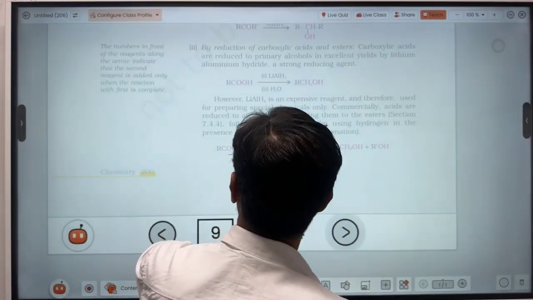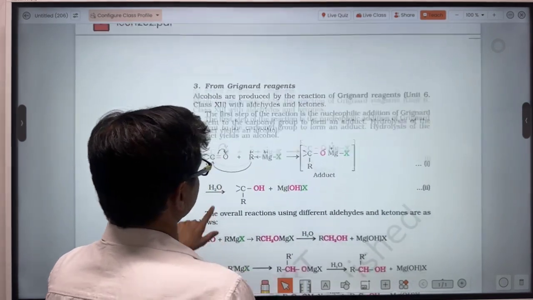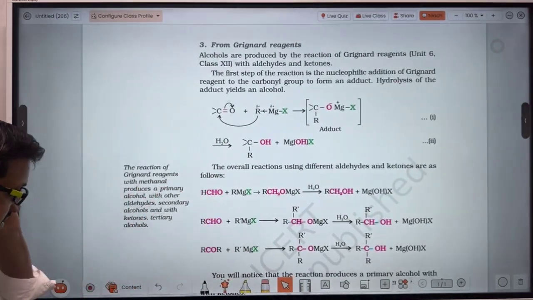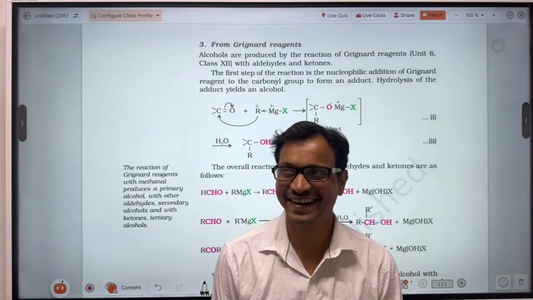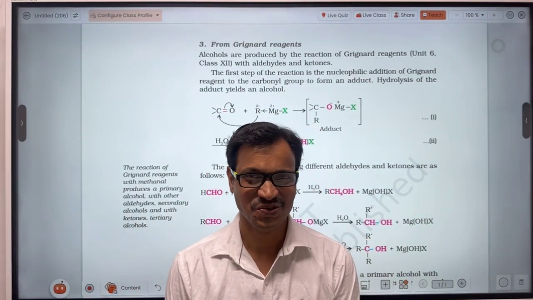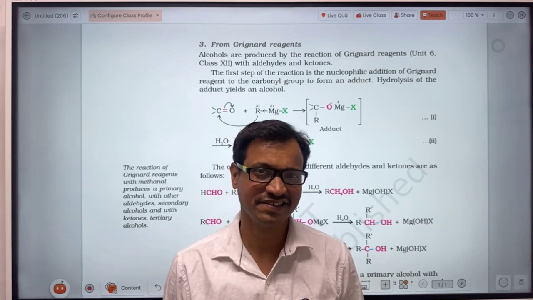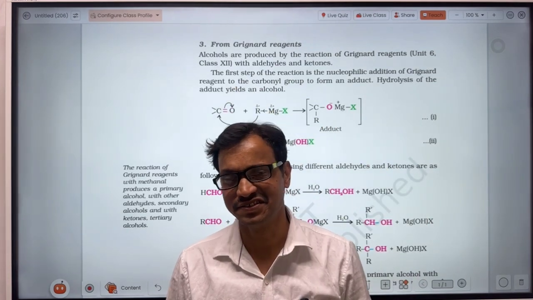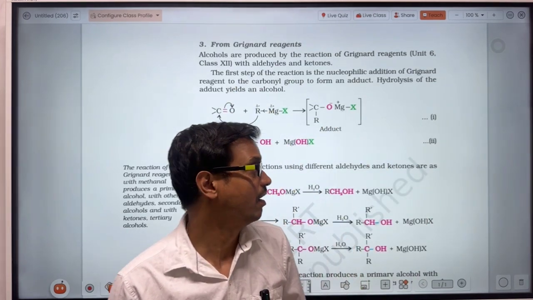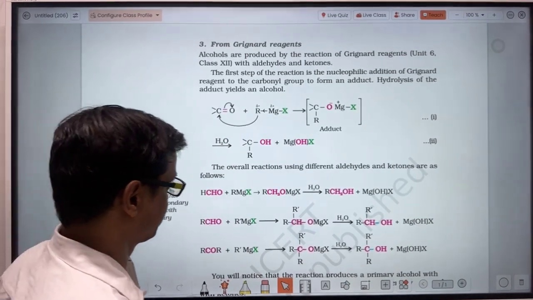Then after that, let's see. From Grignard reagent. Grignard reagent is a very important reagent used in organic chemistry. By the Grignard reagent, you can prepare a number of organic compounds.